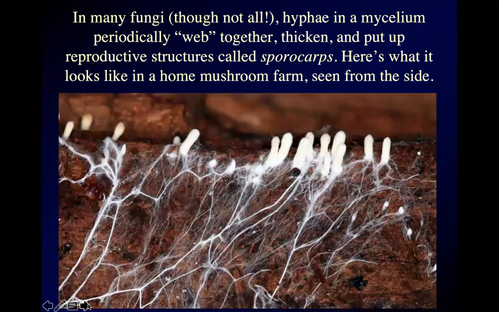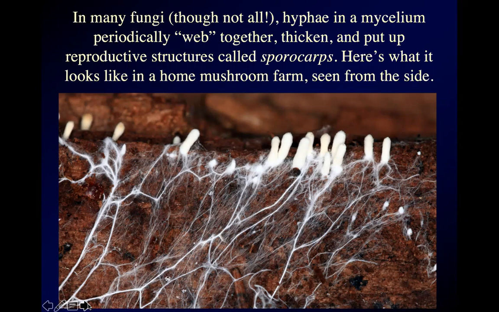Okay, hyphae. Fungi are extremely common in soil. They're also common in your fridge if you don't clean it out, but they're very common in soil and they'll grow in, around and through all of the little soil particles, creating big mycelia that you don't normally see.